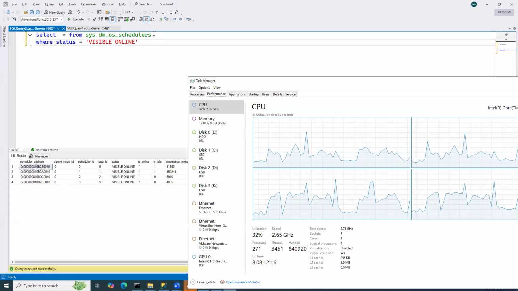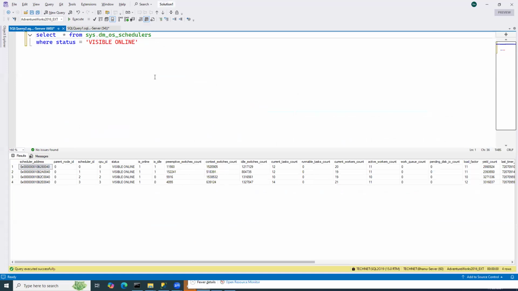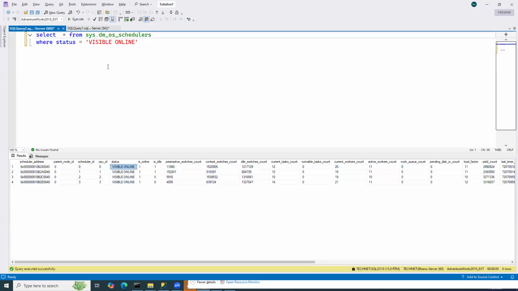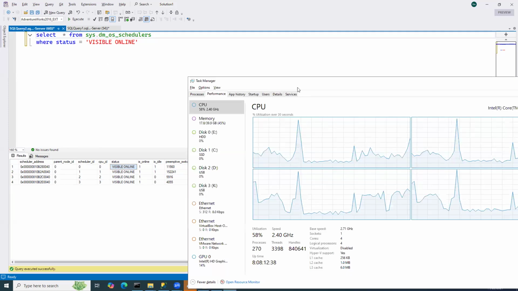A scheduler is where the threads will be scheduled. It is like the job that you have; that will be scheduled, so threads will also be scheduled on that particular CPU. Here we have four CPUs and they will be mapped with schedulers. Don't worry, we will talk about this scheduler.